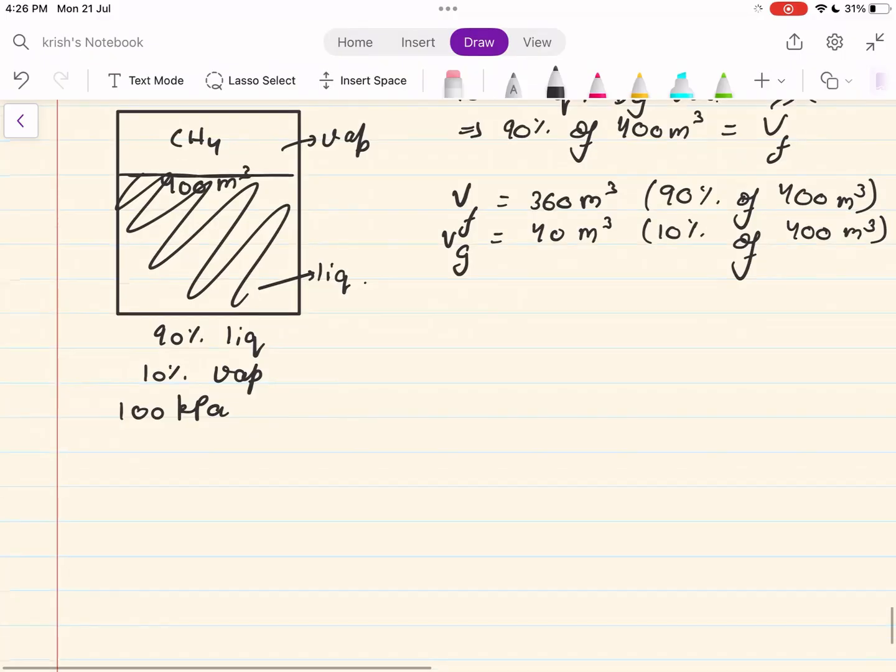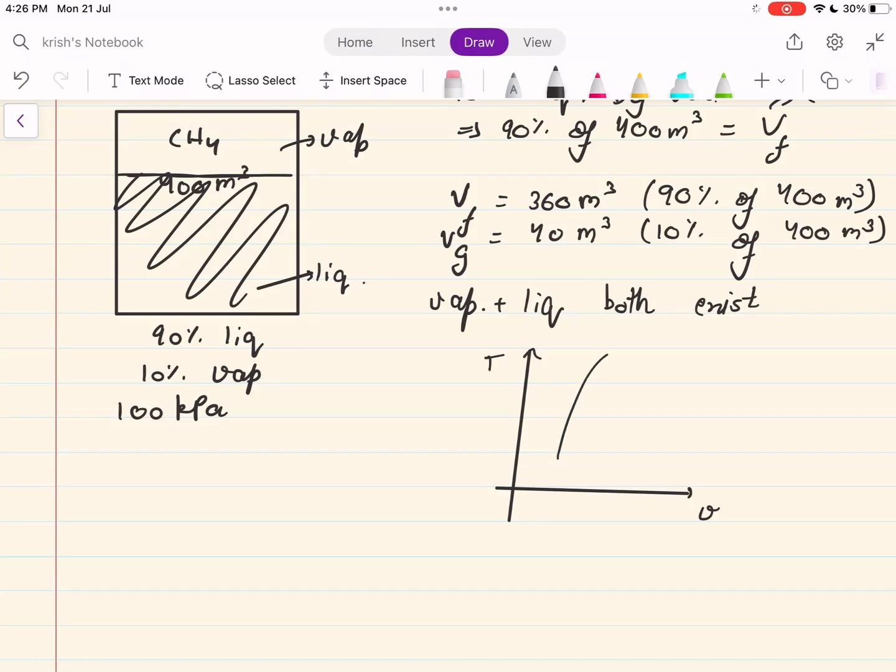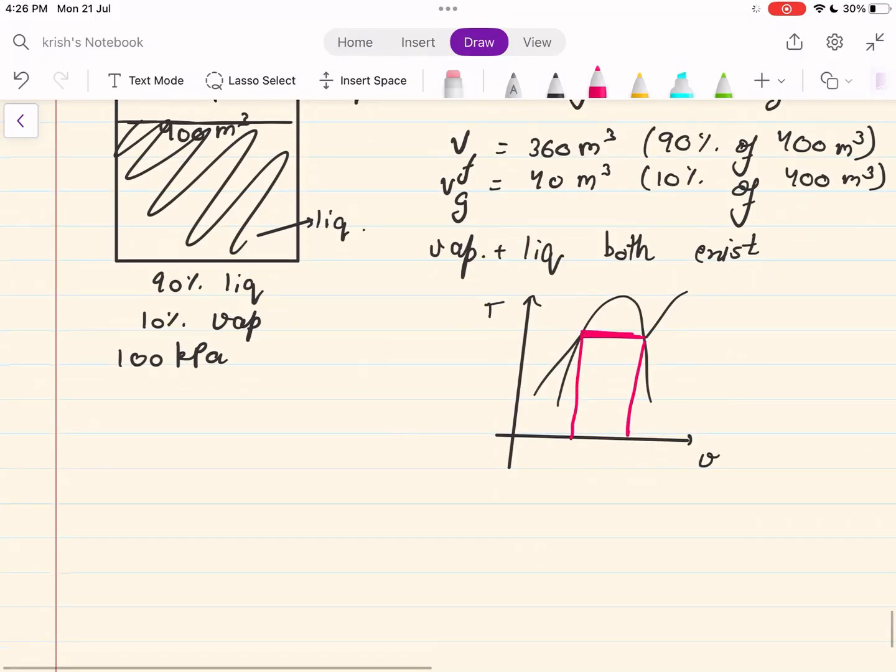Now, if we see, vapor plus liquid, both are existing. So where is our substance on the Tv graph? If you remember, this line is the only part where both the vapor and the liquid exist.